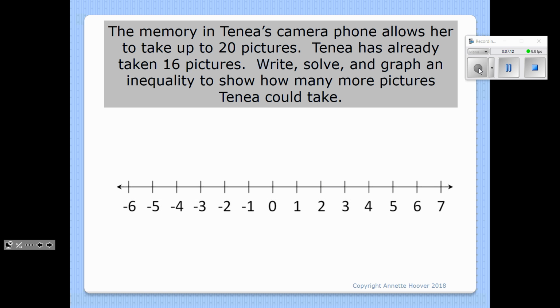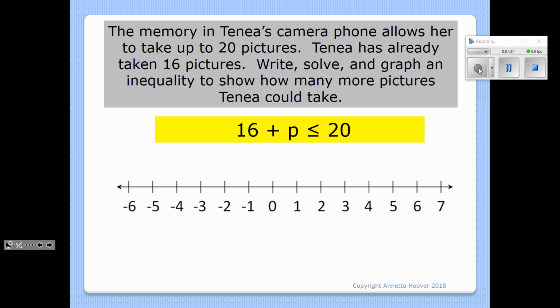Well, she has 16, and there's a certain number more that she can take, but when you add what she's already taken to what she can also take now, it still has to be less than or equal to 20 because that's all that her phone holds. So our equation would be 16 plus this unknown number, the number of pictures that she can still take.